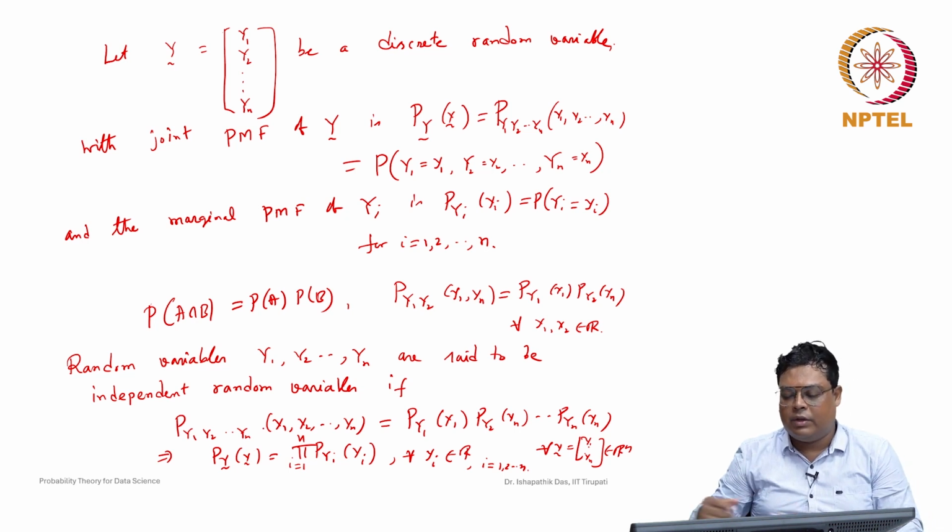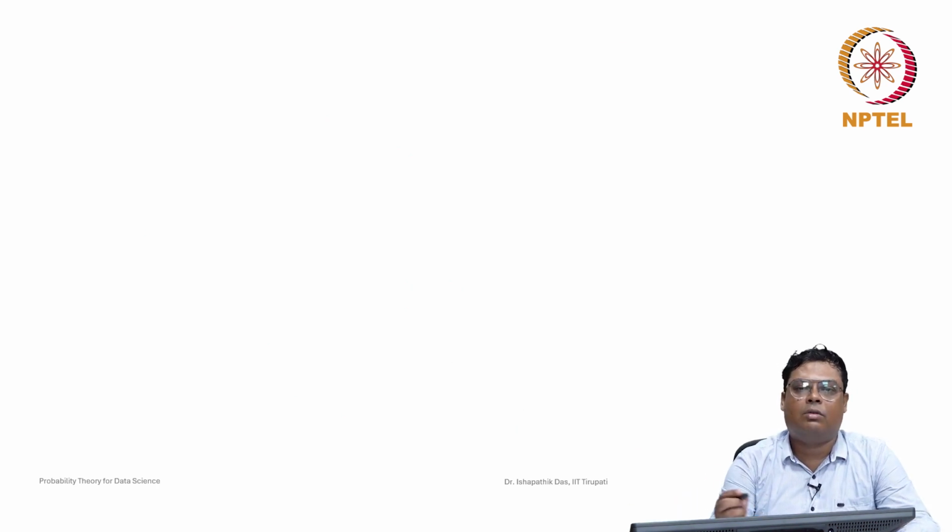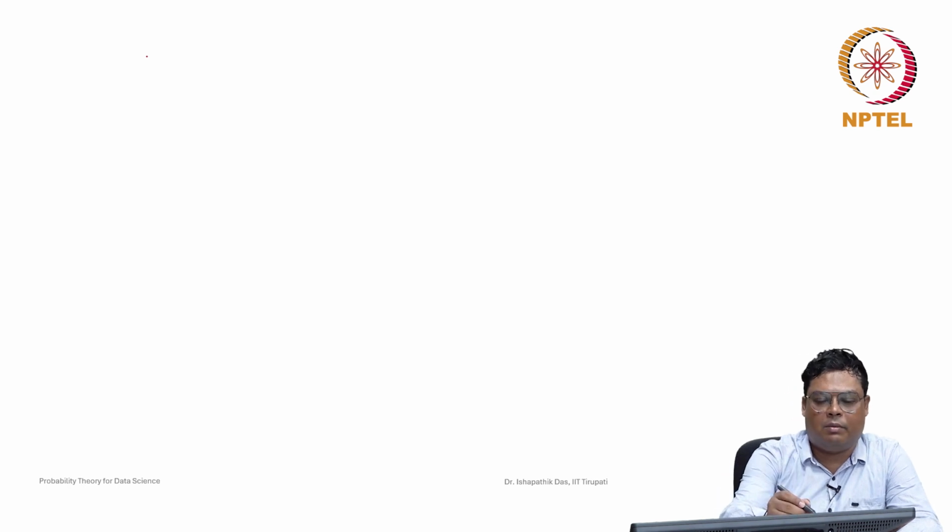Similar to this, let us take an example of how we can find a joint probability mass function. If the variables are not independent, we may not know the joint probability mass function if it is not given to us. If the marginals are known, for example, consider a Poisson random variable, which we have discussed.